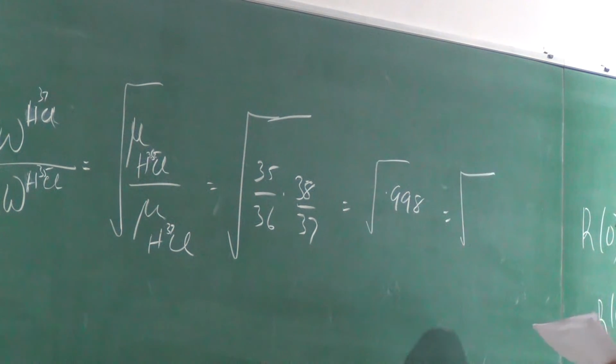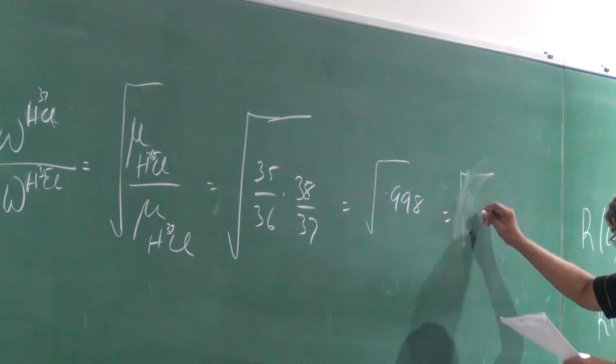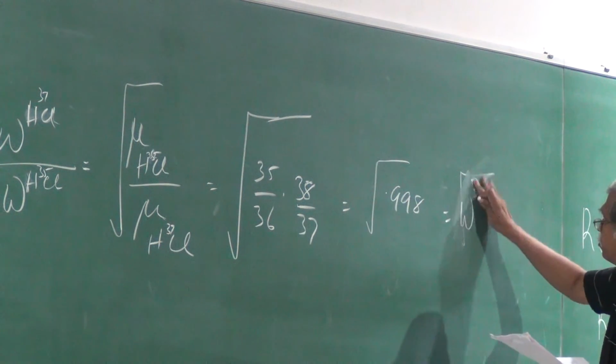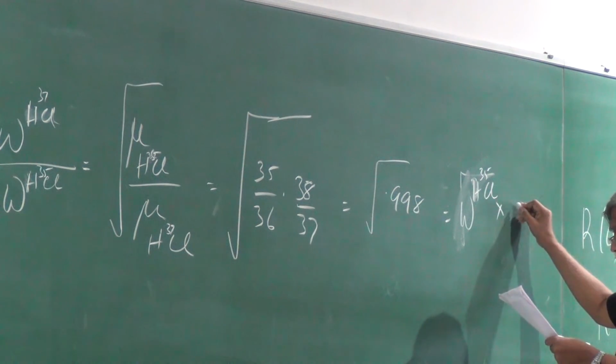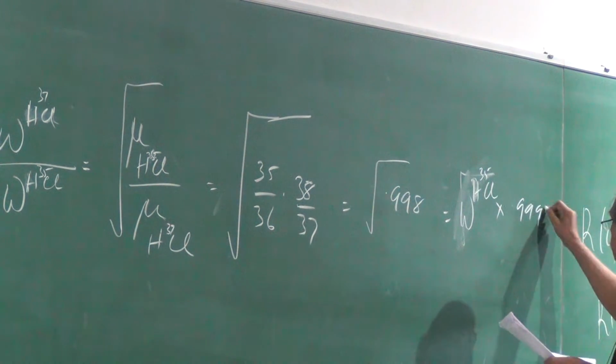So this basically becomes, coming to the HCl 35 into 0.992.